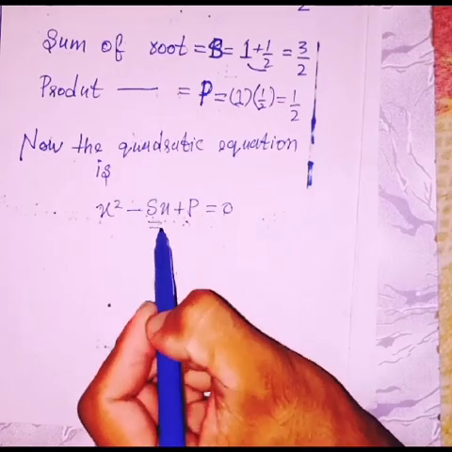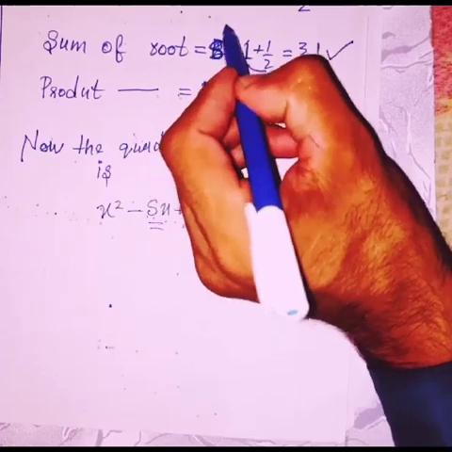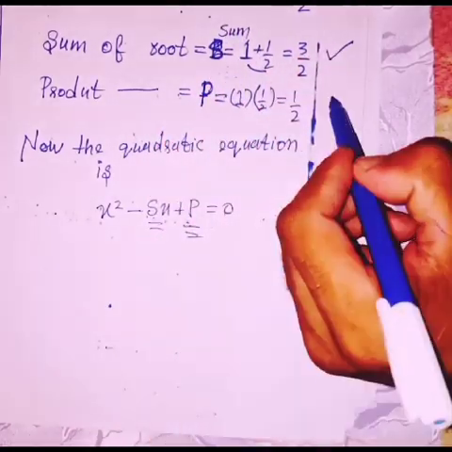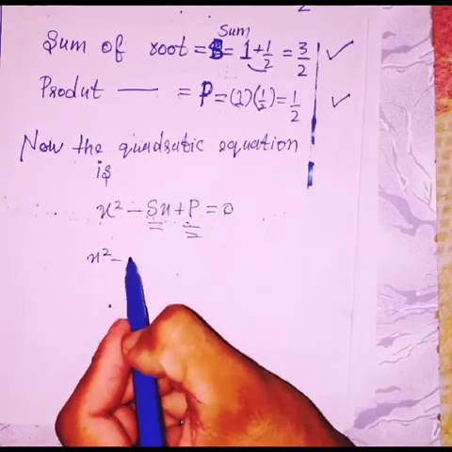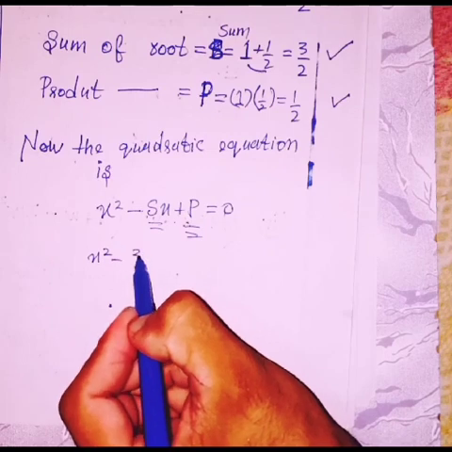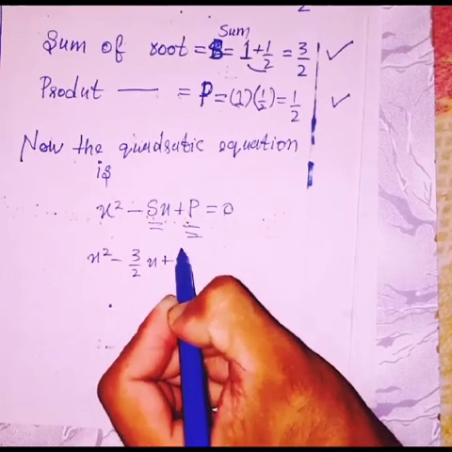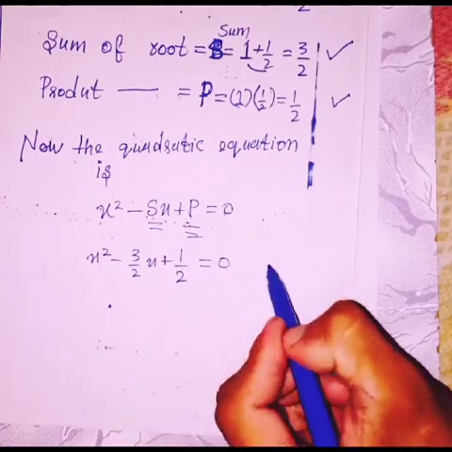Now putting the values of s, which is the sum of the roots, and p, the product of the roots: x square minus 3 divided by 2 x plus 1 divided by 2 is equal to 0.